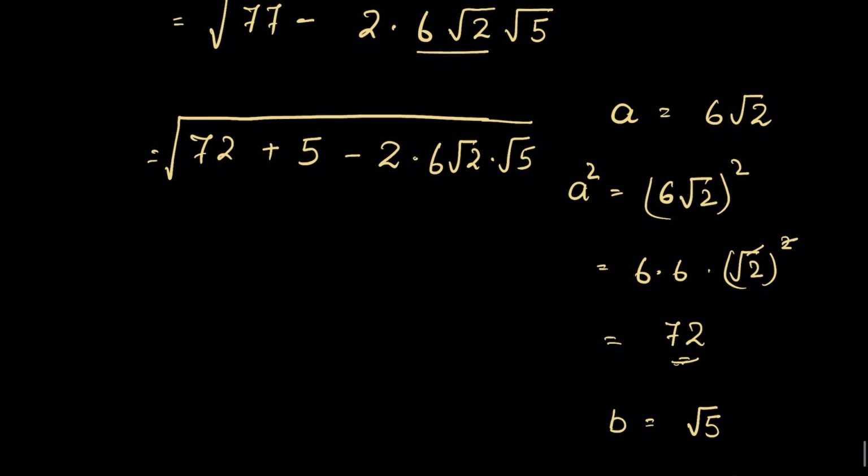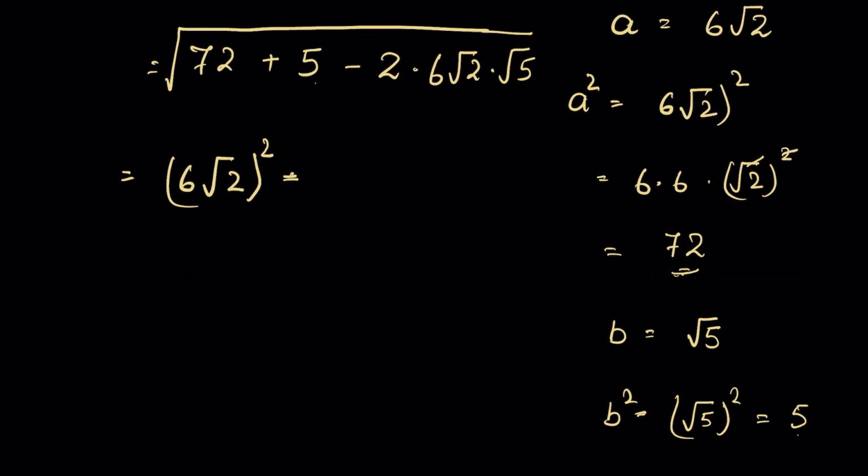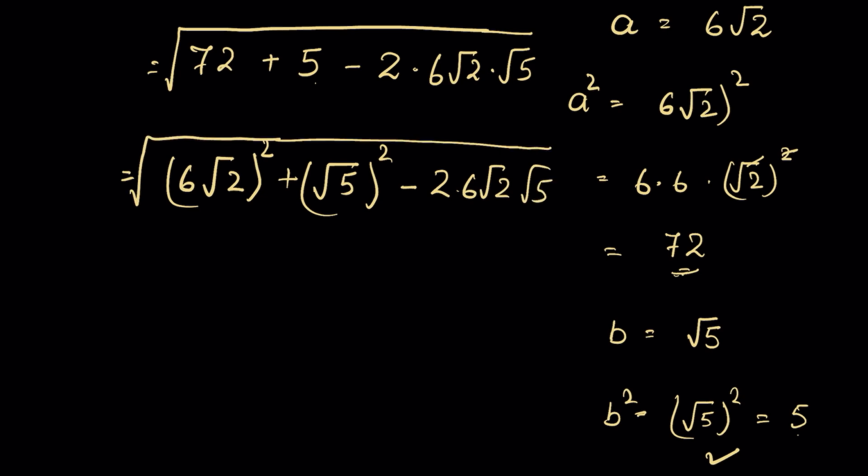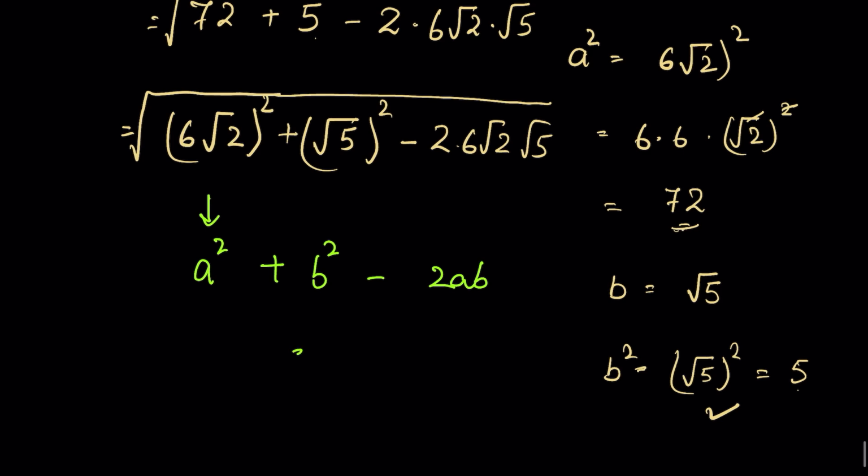Now 72 is 6 times the square root of 2 squared, so we can write it as 6 times the square root of 2 squared, 5 as the square root of 5 squared, minus 2 times 6 times the square root of 2 times the square root of 5, then under the square root. Now it is in the form of a square plus b square minus 2ab. This is equal to a minus b whole square.